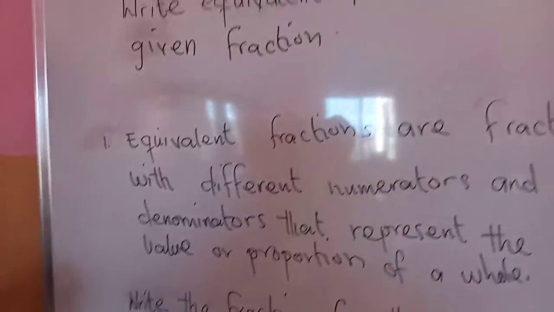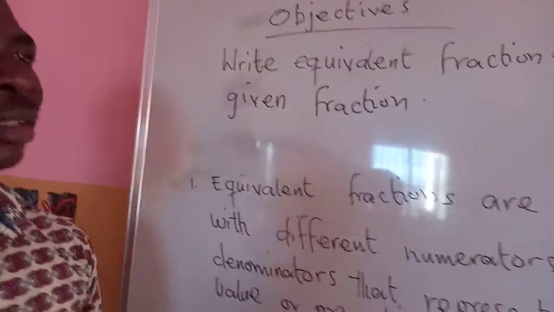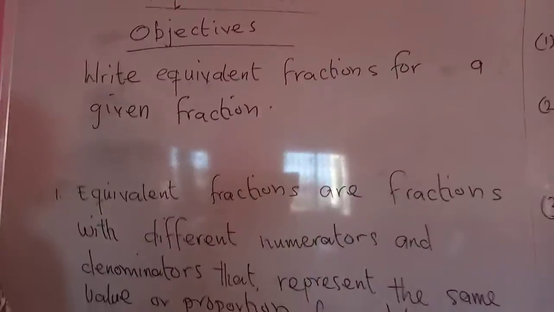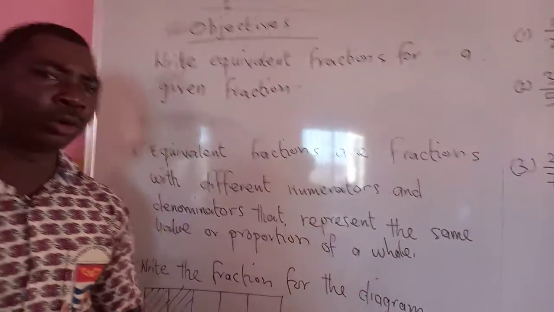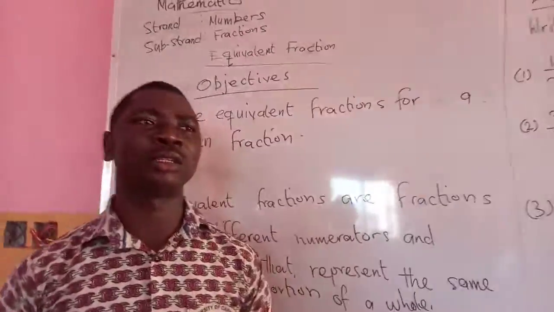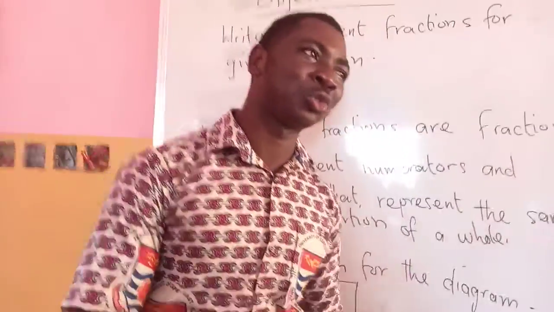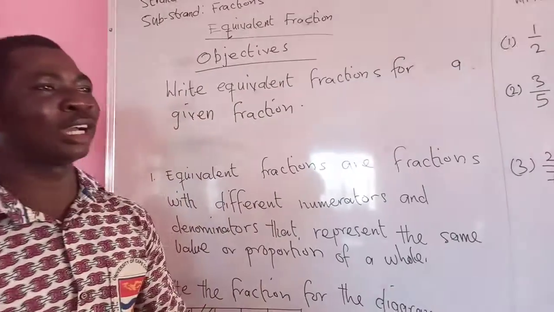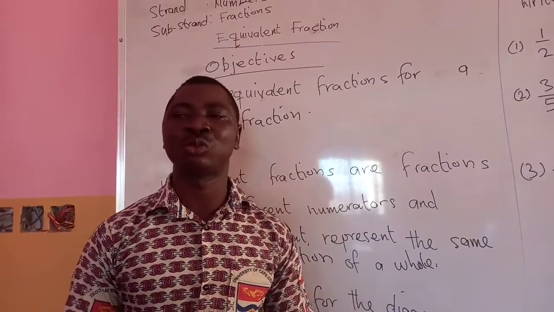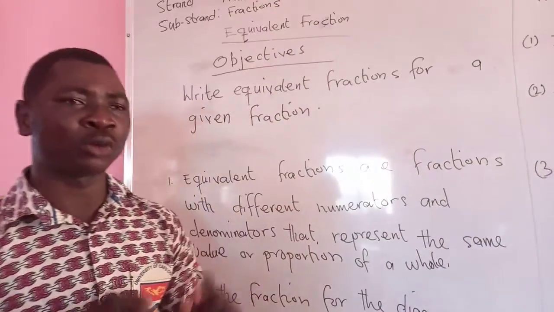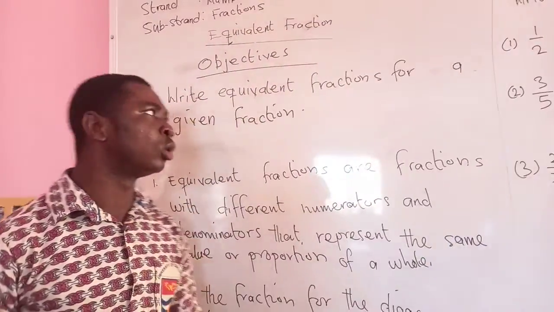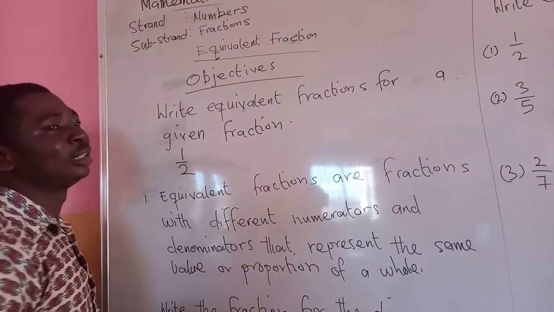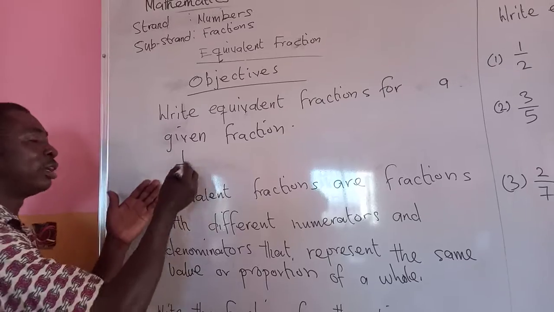Okay. First of all, what is equivalent fraction? I know we studied fraction from class 3, class 4, and now in class 5 we are still learning fraction. A fraction is a number that is not up to 1, it's just part of a whole. So when I have 1 and I divide it, this is my fraction.